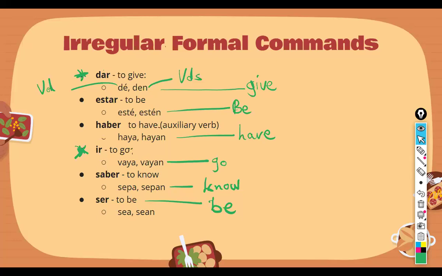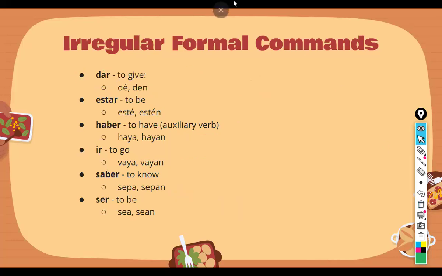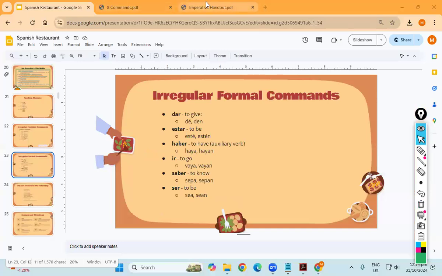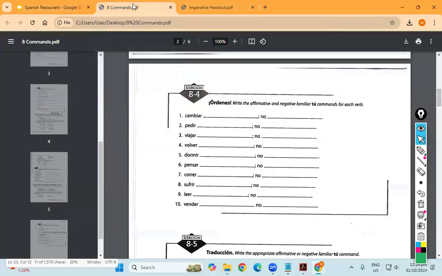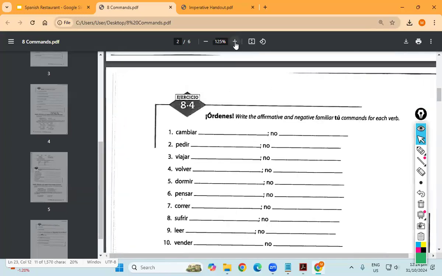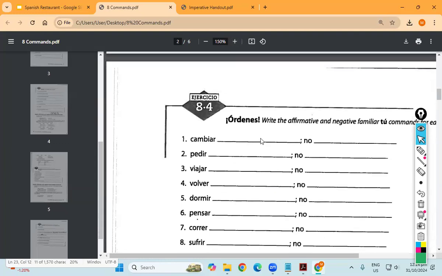All right, so let's clear this away. And our exercise is in a PDF. So let's look at that. Right, so we're going to do the tú forms first, and then we're going to do the usted and ustedes forms. Everybody can see this okay? Right, this is as big as I can make it, I think.